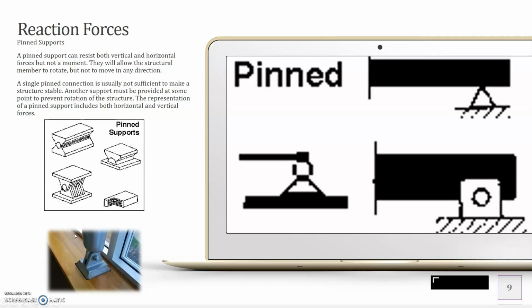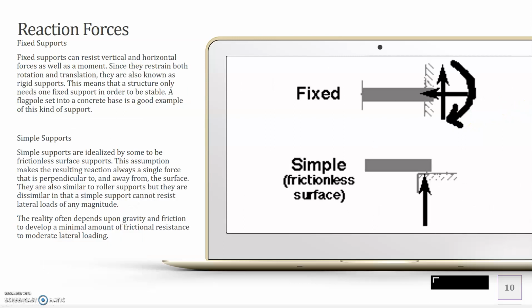These are the really common ones. You can go and see these types of pins throughout the cafeteria at the high school. So you can see different examples of pin supports. We will use this symbol for our pin: the simple triangle sitting on the ground, with the ground represented as that horizontal line with the hashes.